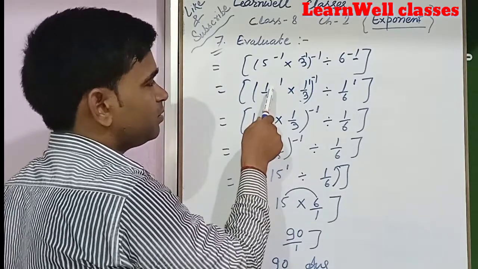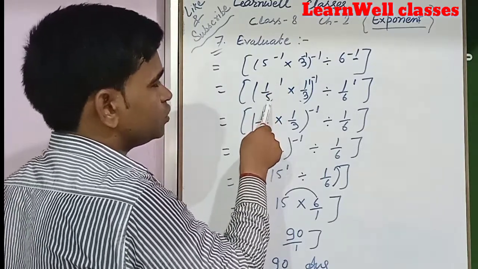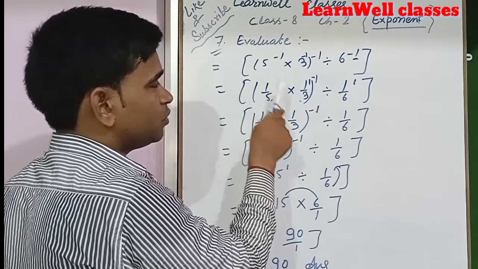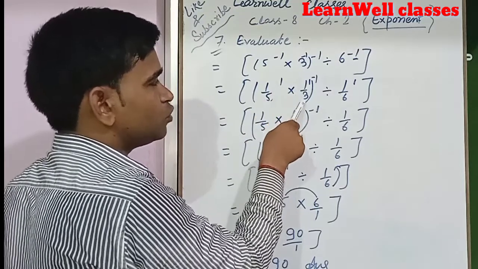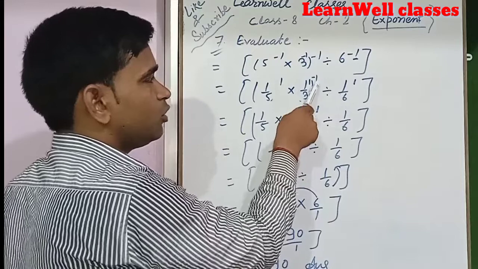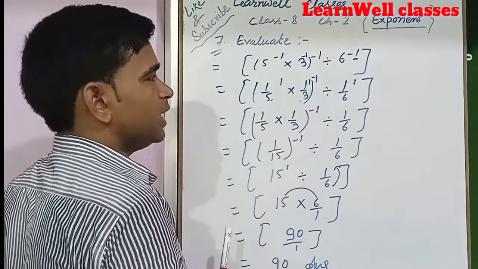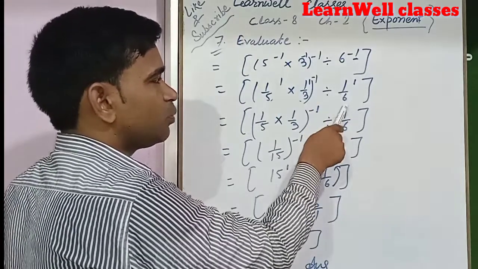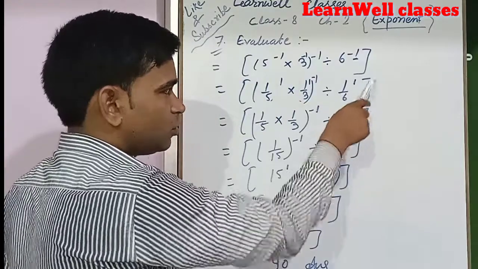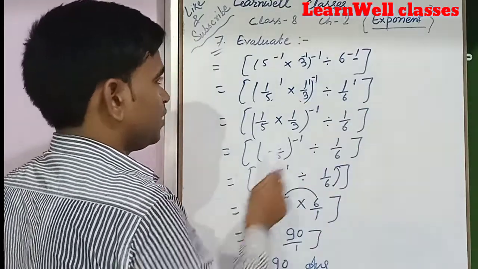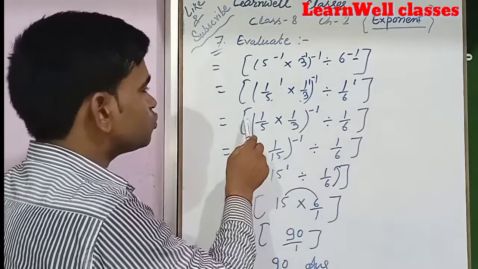So we get 1 upon 5 raised to the power 1 into 1 upon 3 raised to the power 1, and whole raised to the power minus 1, divided by 1 upon 6 raised to the power 1.